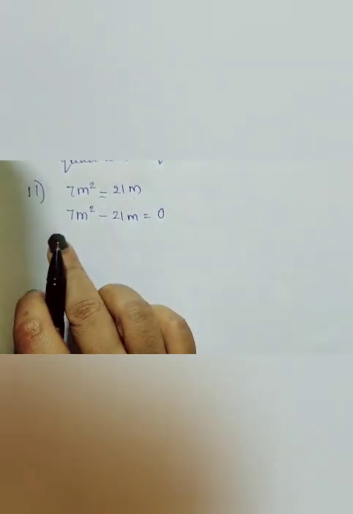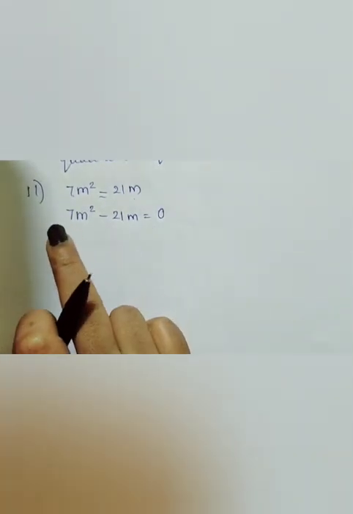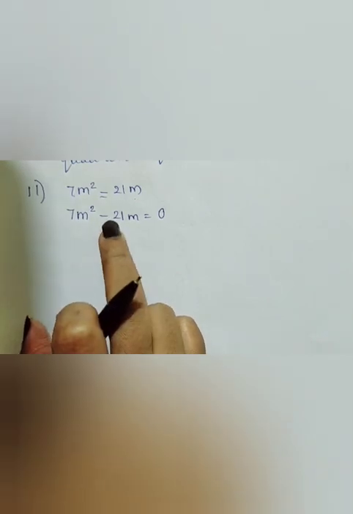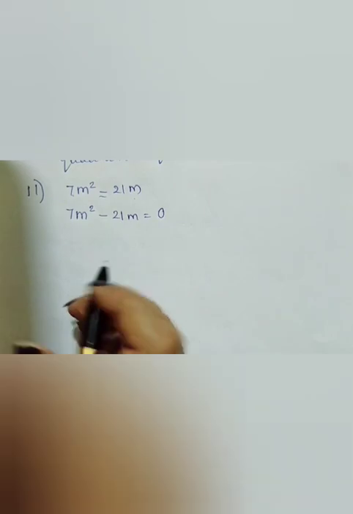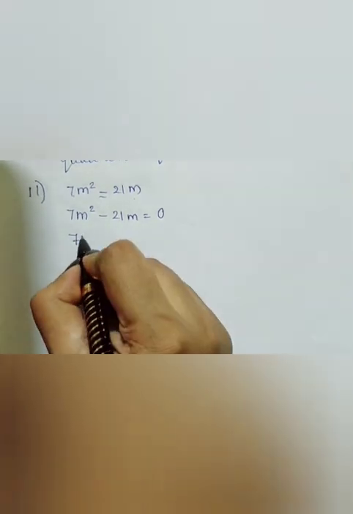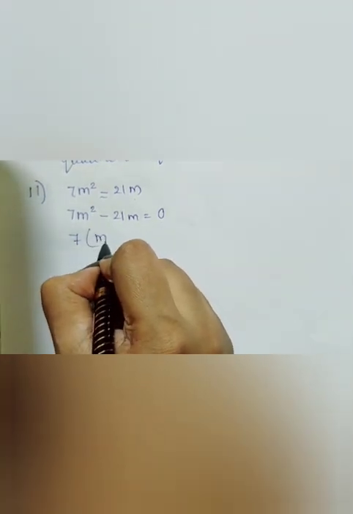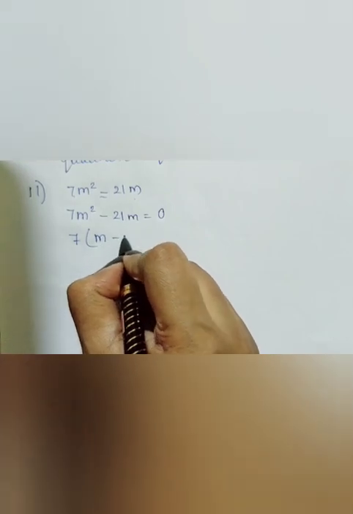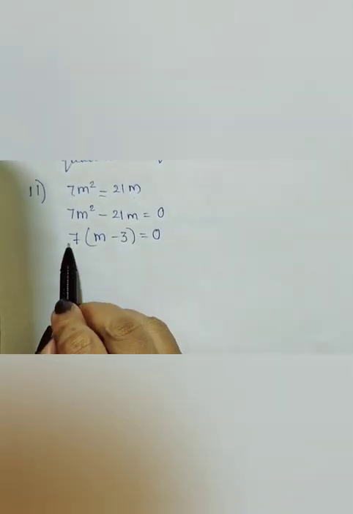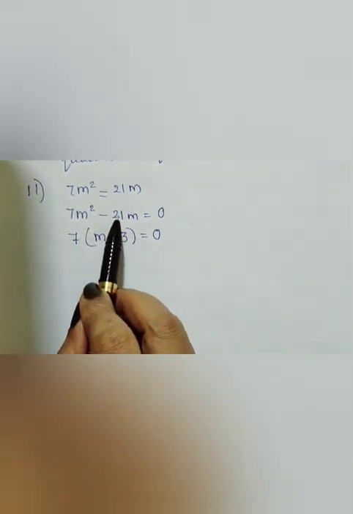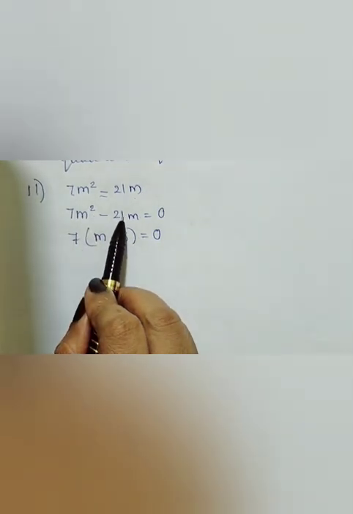Again, if you can see, one common thing we can see here, 21. If you see 7 3s is what? 21. So we can take 7m as a common and inside we can take m minus 3 equal to 0. 7m square, 7 3s are 21. I hope you are getting me.